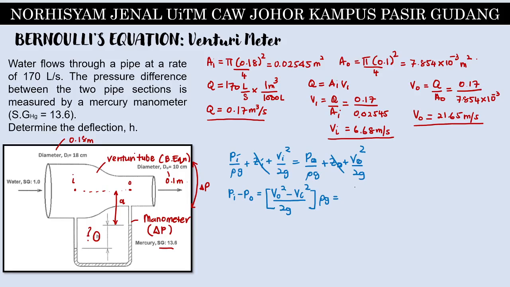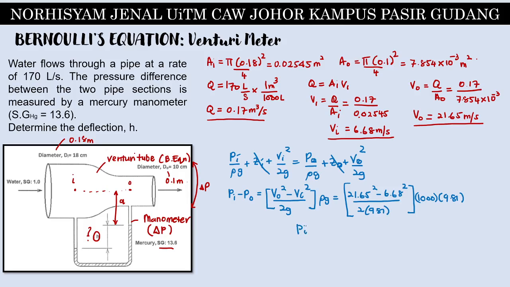So it should be equal to 21.65 square minus 6.68 square divided by 2 times 9.81. Okay, so the density for this question is water. It's not mentioned there, so it's 1000 times 9.81.